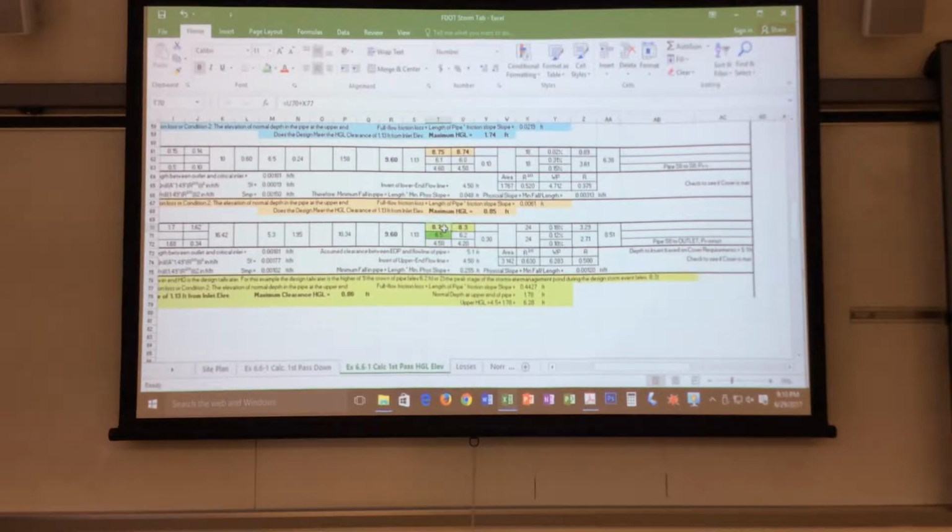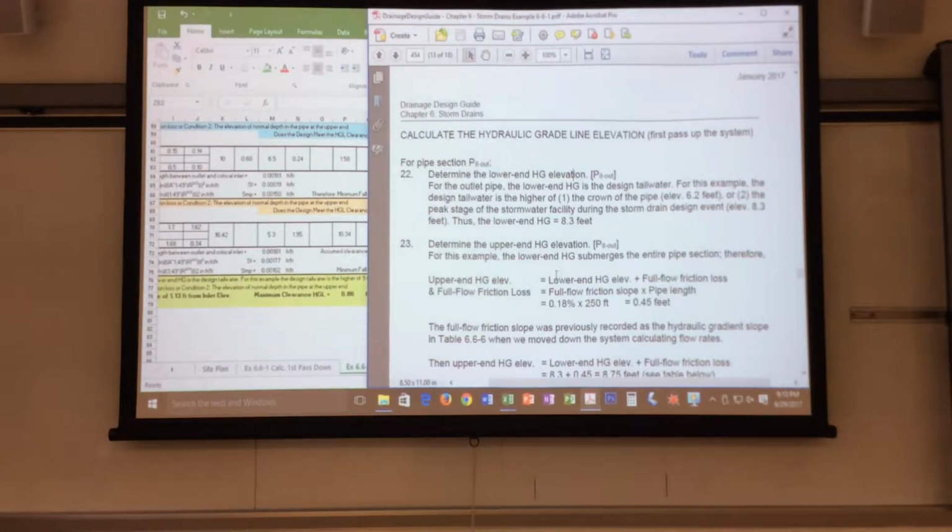Now, if I look at the cell to figure out the hydraulic grade line, look what it's multiplying by. I need to figure out the full friction loss. So what that means is to determine the upper end, we're going to use the lower end elevation plus the full flow friction loss.